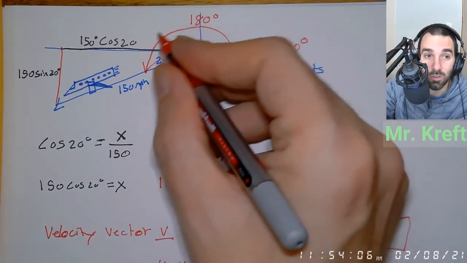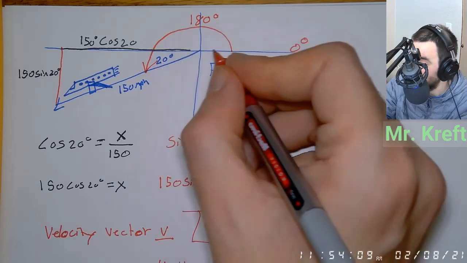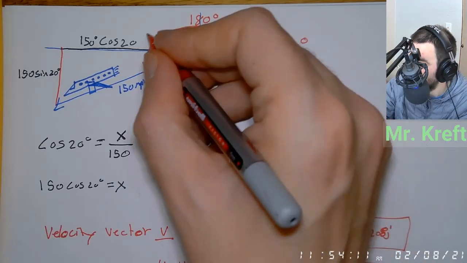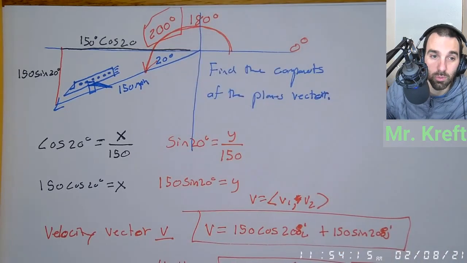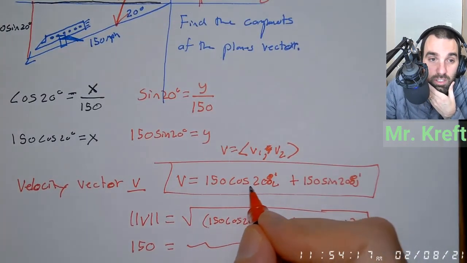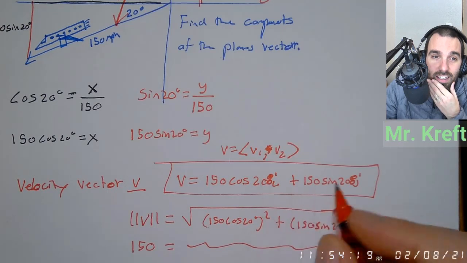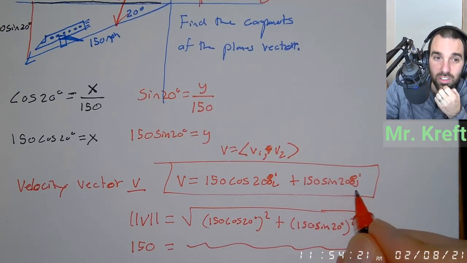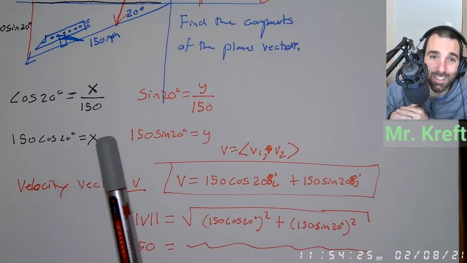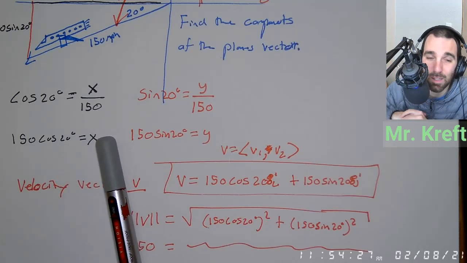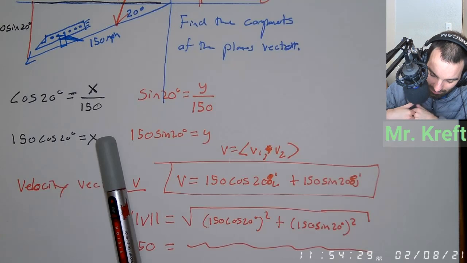So this is really 200 degrees from 0. You would need to write 150 cosine of 200 i and 150 sine of 200 j. Sorry about that. In physics, that would have been totally fine. In math, it's not.